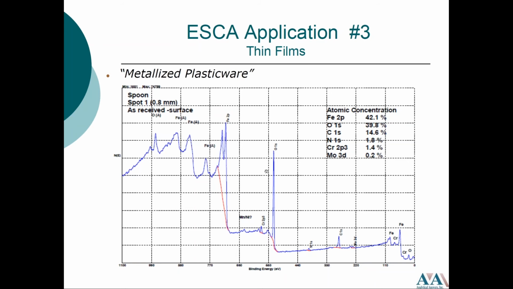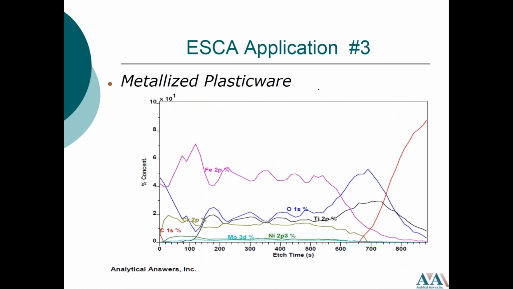And so as we see here, we see a high concentration of iron and oxygen on the surface. That oxygen quickly decreases to a baseline, and we see alternating peaks of iron and titanium oxide. And so what this suggests to us is that there's a thin film metal stack, and that thin film metal stack is alternating between the stainless steel and the titanium oxide.